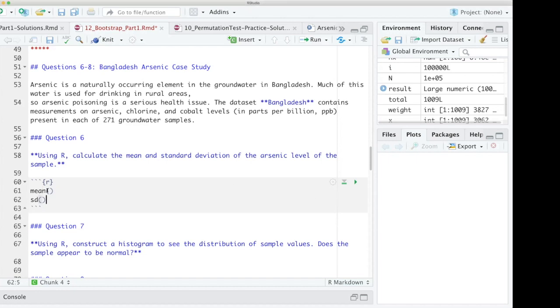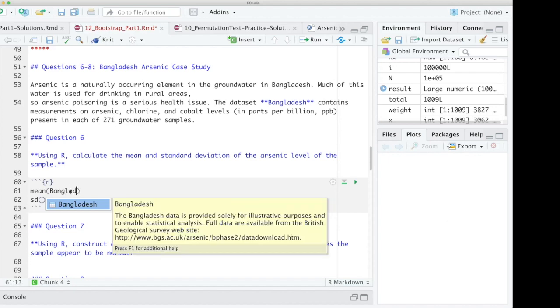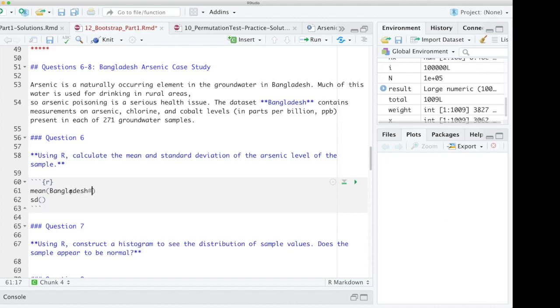That's right. You're just going to use the mean and standard deviation functions. Here the data set is Bangladesh, and the variable is arsenic. I'm just going to save these values as well.